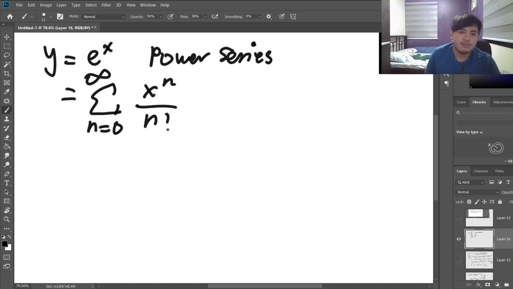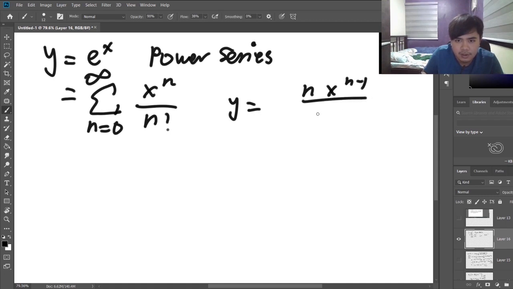So what's the derivative of this behemoth of a thing? It's a bit difficult. But let's try finding the derivative of x to the n over n factorial just normally. So what's the derivative of x to the n? That's just going to be n times x to the n minus 1 over n factorial.